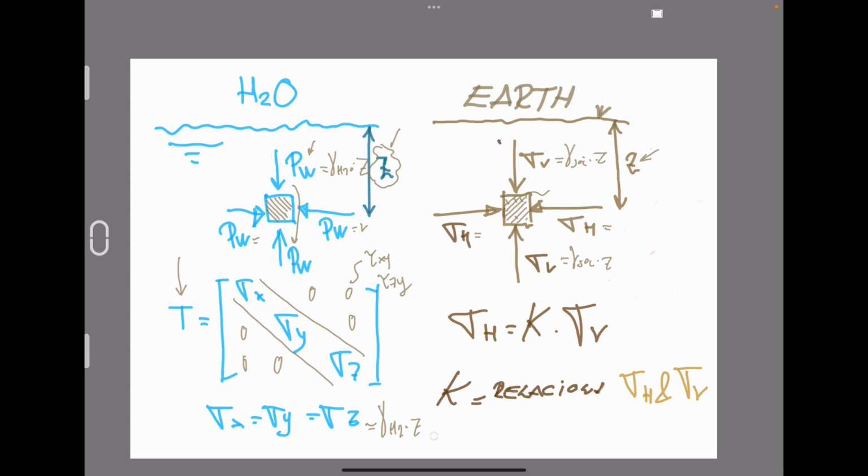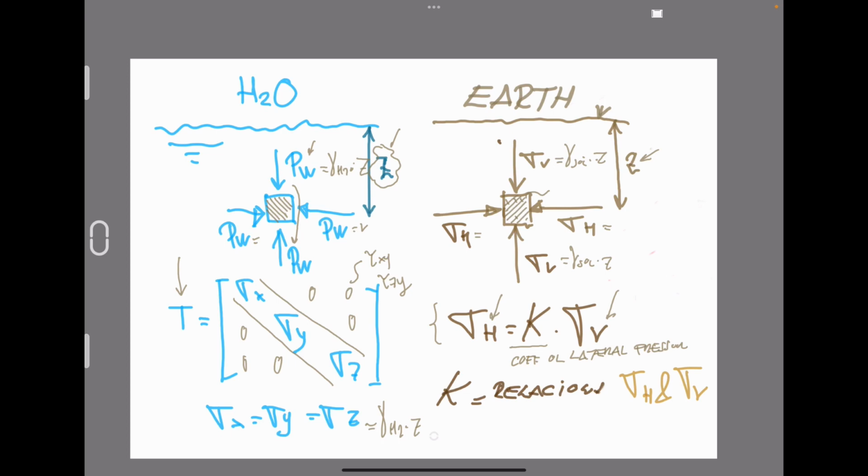We can then establish a linear relationship between the horizontal pressure and the vertical pressure. This linear relationship between the horizontal and vertical pressure is called the coefficient of lateral pressure.